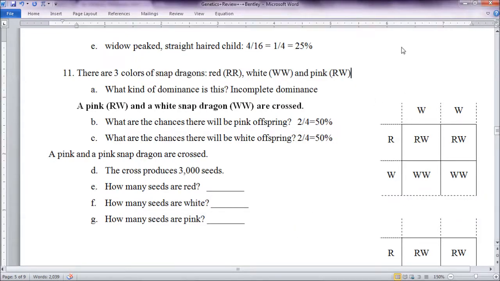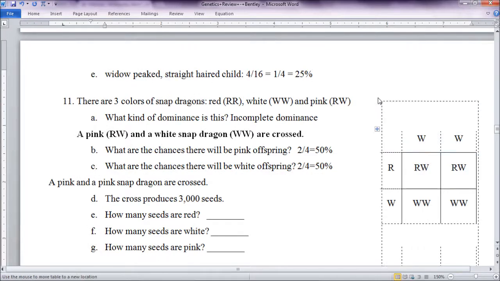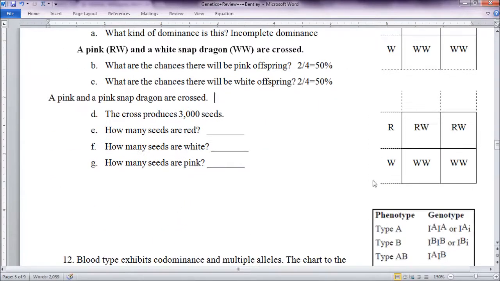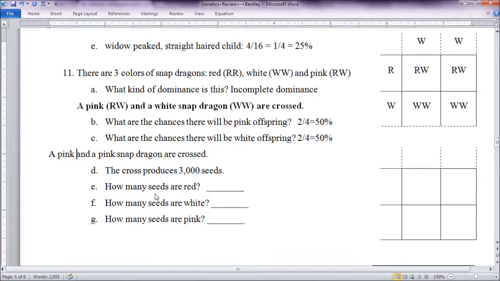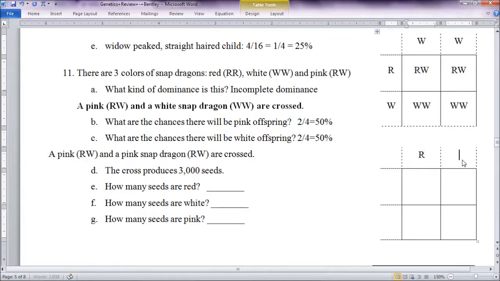Okay, I'm happy with that. Alright, cool. So let's fill that in. A pink is RW, and a pink is RW. Didn't mean to italicize that. RW.